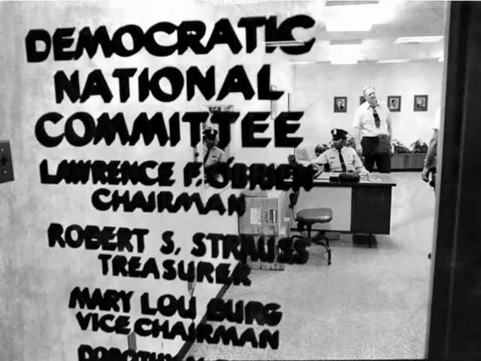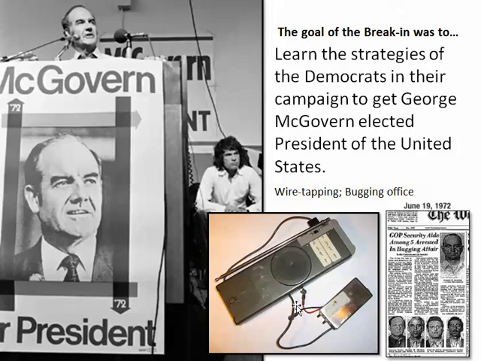And what they were going to do inside this Democratic National Committee headquarters was go into the conference room there and set up wiretapping devices in the phones and under the desks, and I guess in the filing cabinets as well. They were doing wiretapping and bugging of the office to find what strategies the Democrats were going to use to help McGovern win, so that Richard Nixon and his campaign could do some twisting and turning and some flipping to try to make it where President Nixon wins.